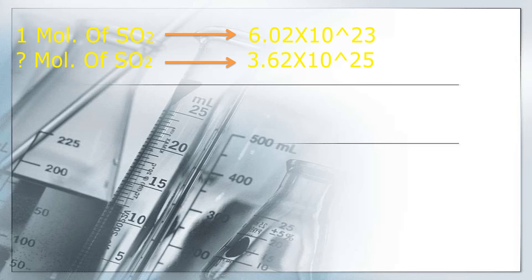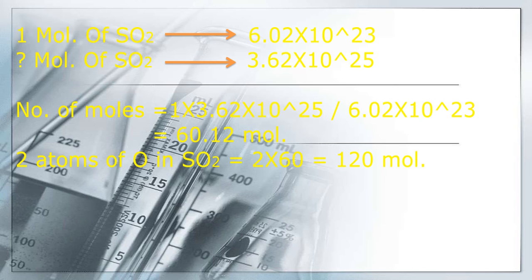By cross multiplication, the number of moles equals 1 times 3.62 times 10 power 25, divided by 6.02 times 10 power 23. The result will be 60.12 moles.